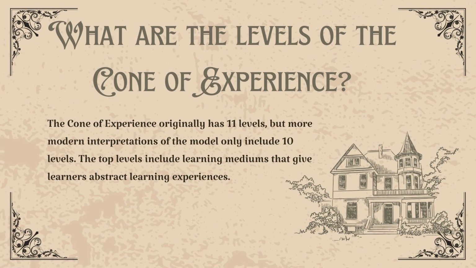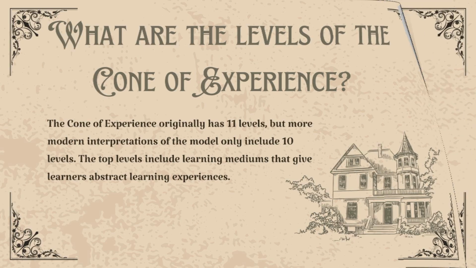What are the levels of the cone of experiences? The cone originally had 11 levels, but more modern interpretations of the model only include 10 levels. The top levels include learning mediums that give abstract learning experiences.